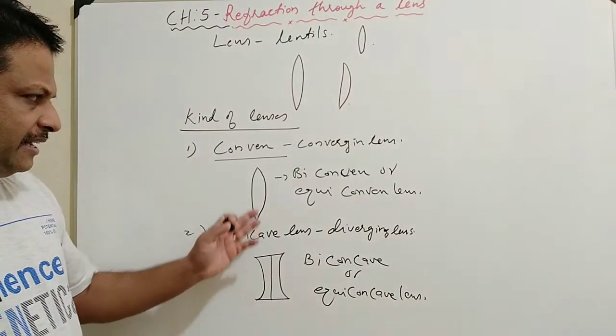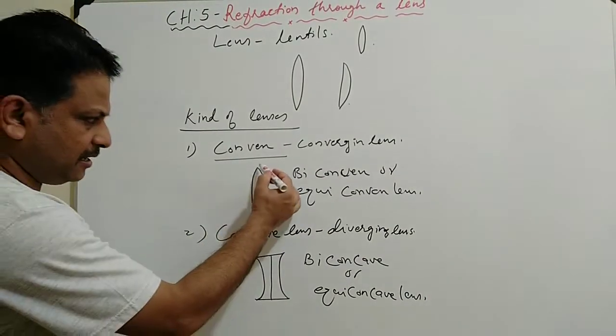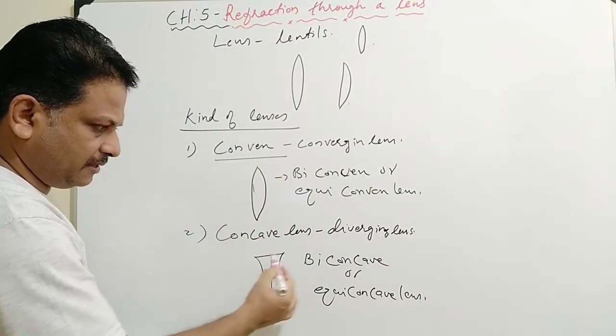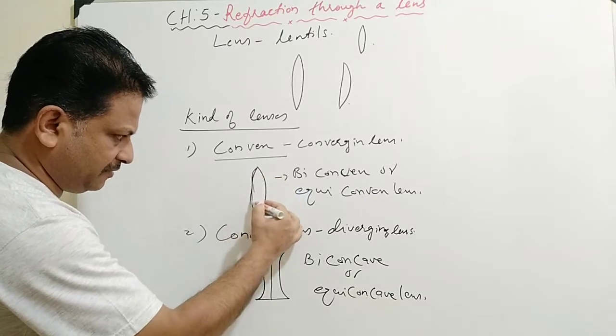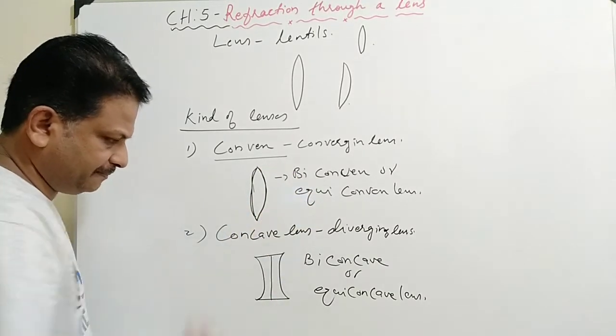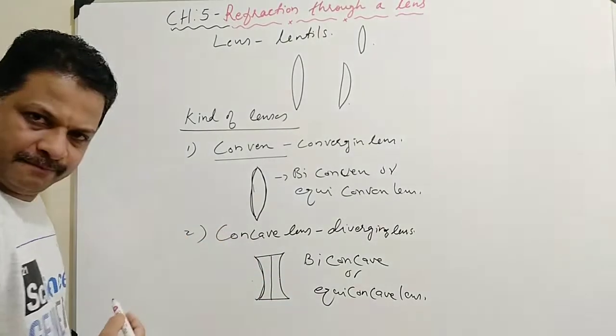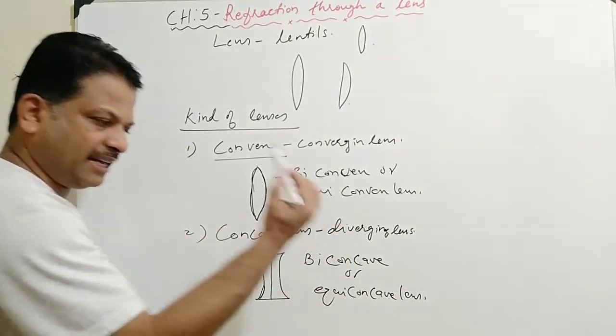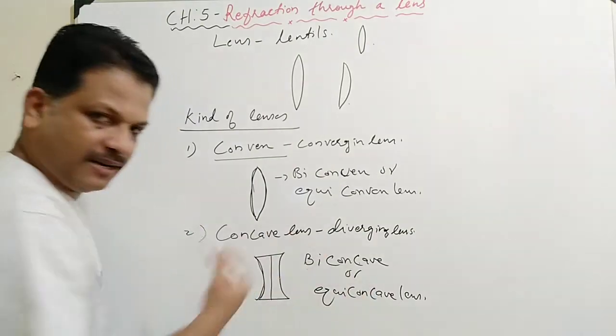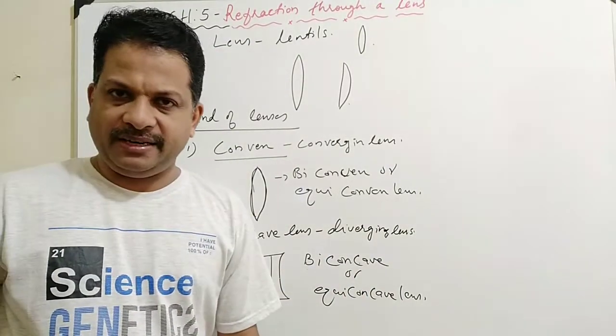Okay. So why is it called a biconvex lens? Because it has two curved surfaces, here two curved surfaces which are bulging at the middle. Here it has two curved surfaces which are bent inward. That's why it is known as biconcave lens or equiconcave lens. Simply we call it a concave lens.